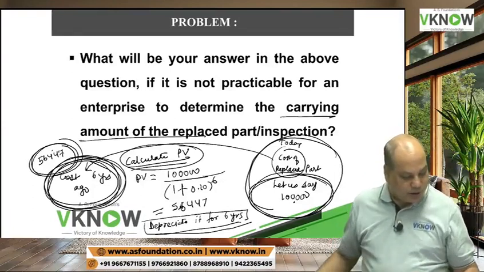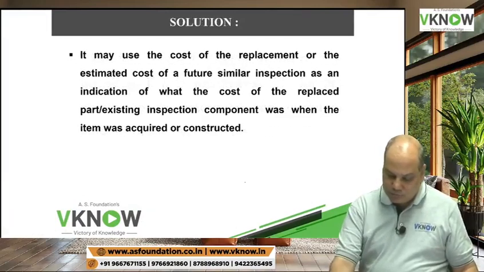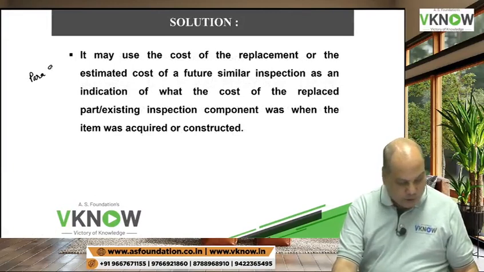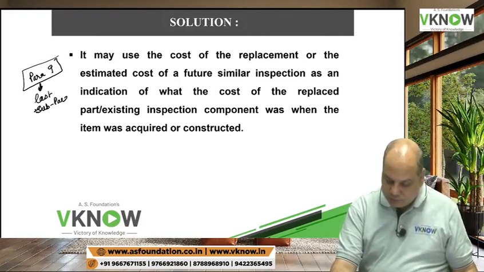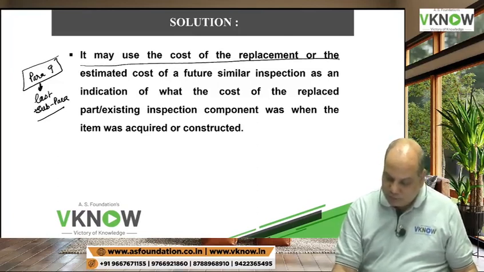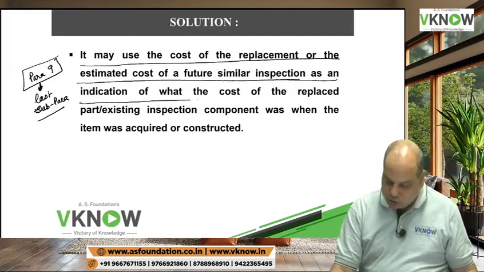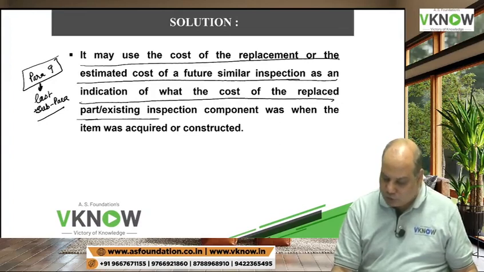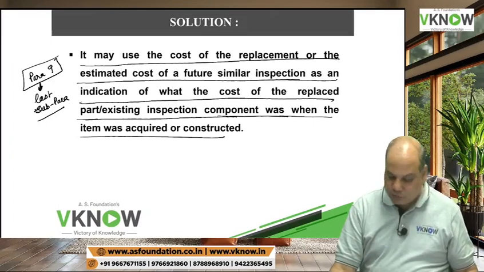So see, the answer is printed in your book. Don't write the answer, just underline it in your book. In paragraph 9, in the last sub para, last 3 lines, it is written: it may use the cost of the replacement or estimated cost of a future similar inspection as an indication of what the cost of the replaced part or existing inspection component was when the item was acquired or constructed.